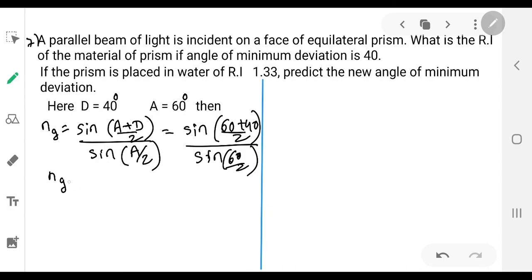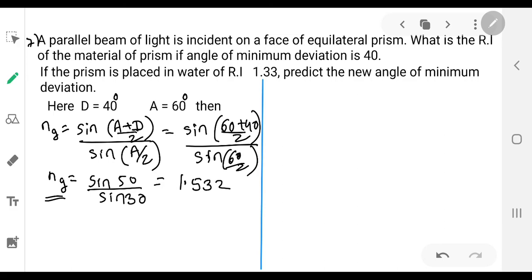So n_g, the refractive index of the glass, is sine of 50 by sine of 30, which is equal to 1.532. So this is the refractive index of the material of the prism when it is placed in air medium and the angle of minimum deviation is 40 degree.